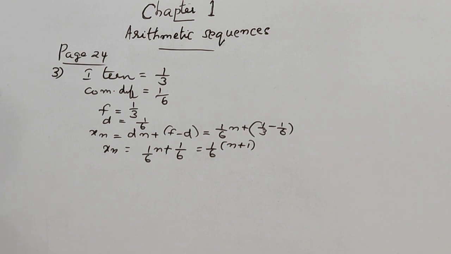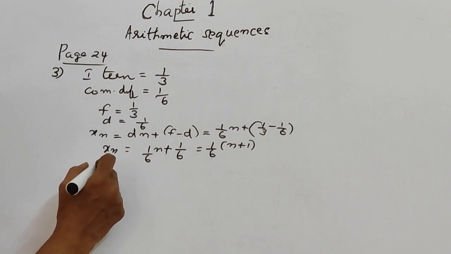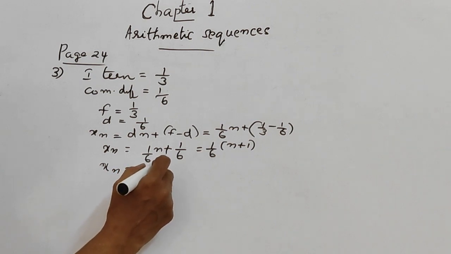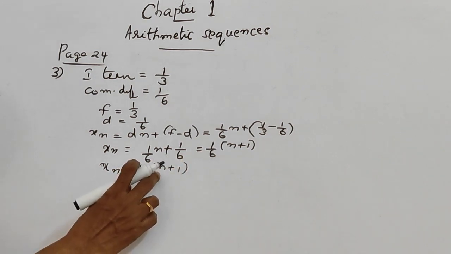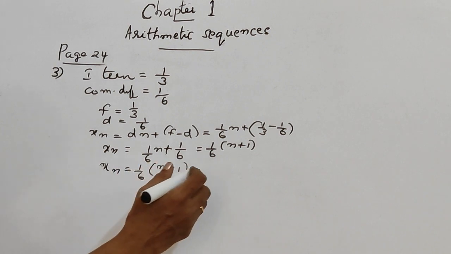Now, what you have to prove? Prove that the arithmetic sequence with the first term 1 by 3 and common difference 1 by 6 contains all natural numbers. Now, substituting values for n. xn is equal to 1 by 6 into n plus 1. If you substitute n is equal to 5, you will get 5 plus 1, 6. 6 by 6 is equal to 1.